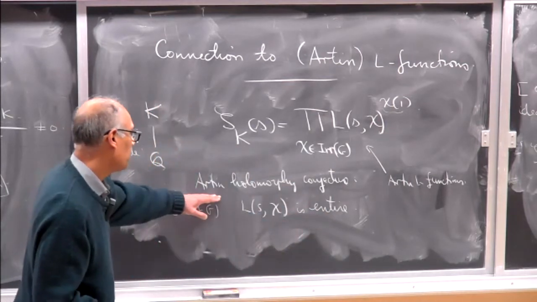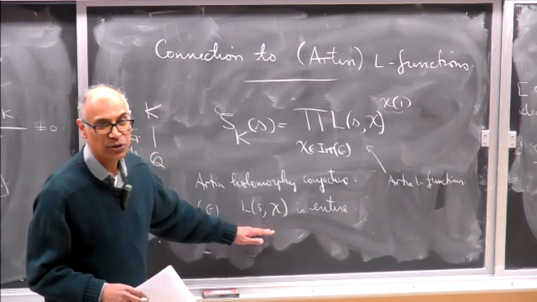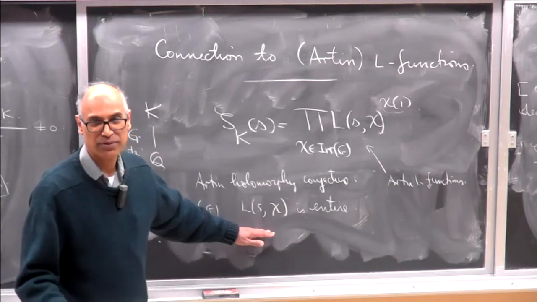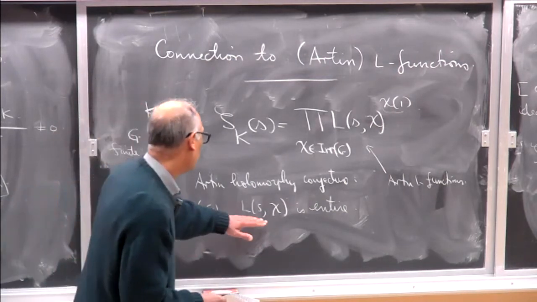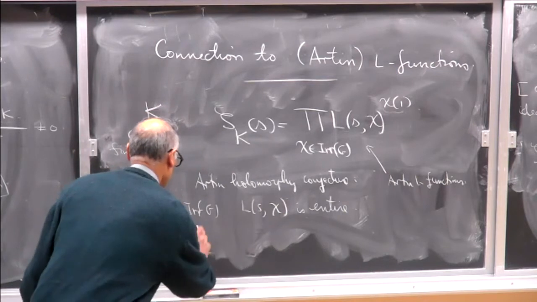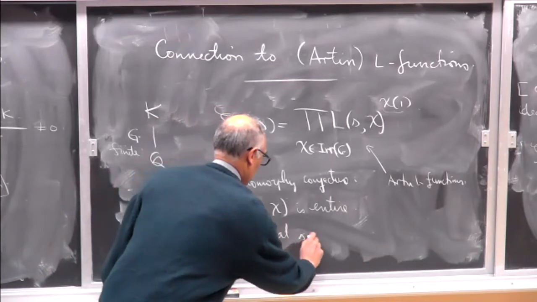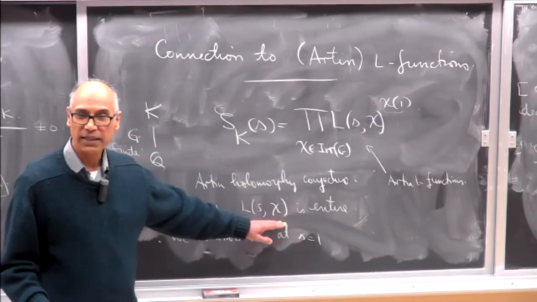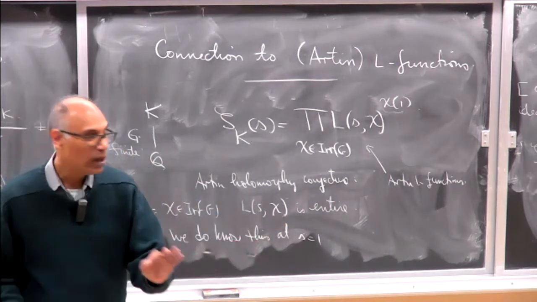This is, of course, a big problem. It's quite open, and in cases where you know how to prove this, it's either group theoretic trickery combined with class field theory, or a very deep theorem in automorphic forms. But the point is, we don't know this, but we do know this at s equals 1. If you ask me, can L(s, chi) have a pole at s equals 1? I can tell you the answer is no, as long as chi is not the trivial character. So we don't know the entirety, but at s equals 1, we do know.